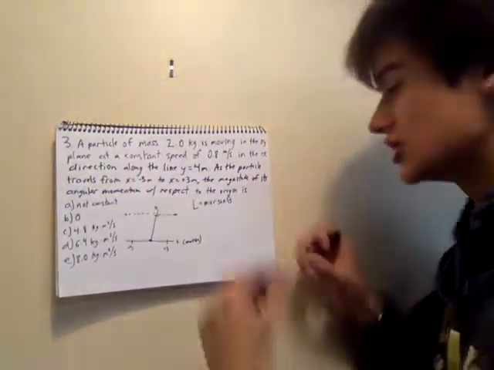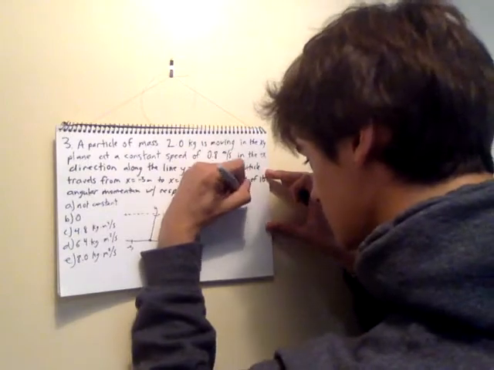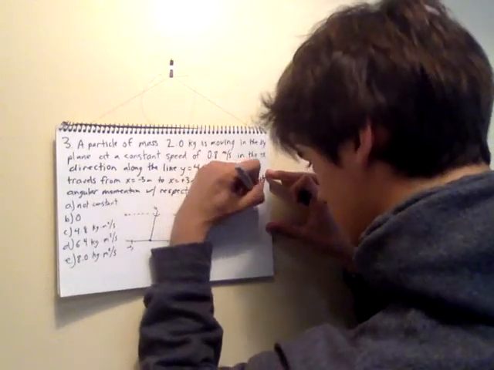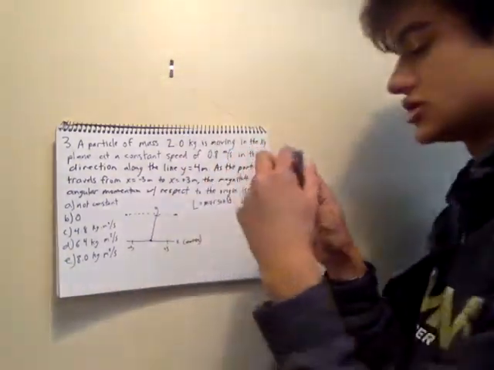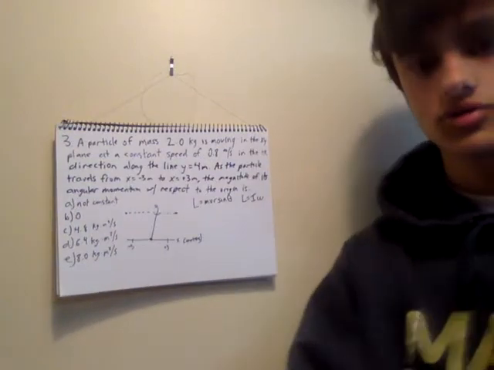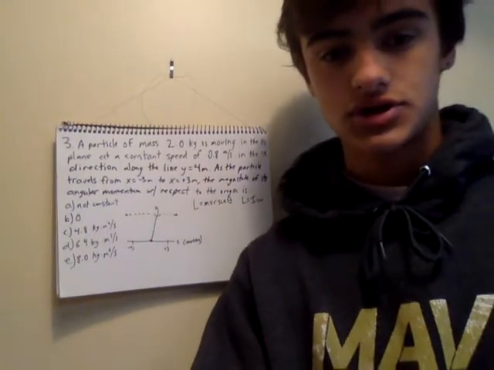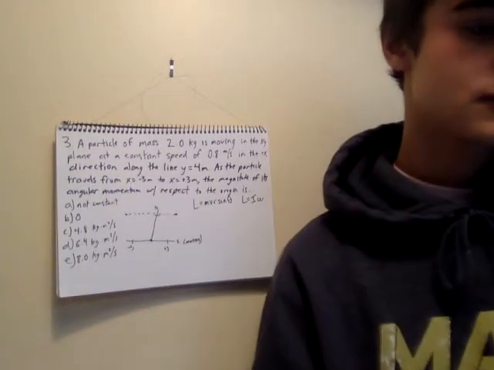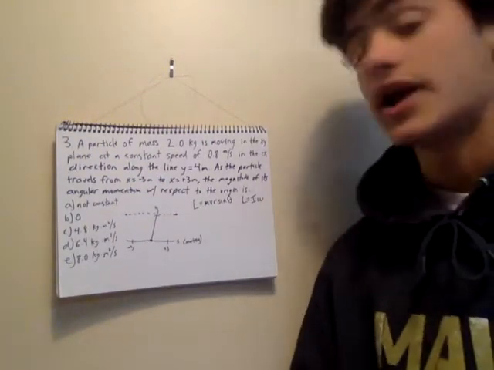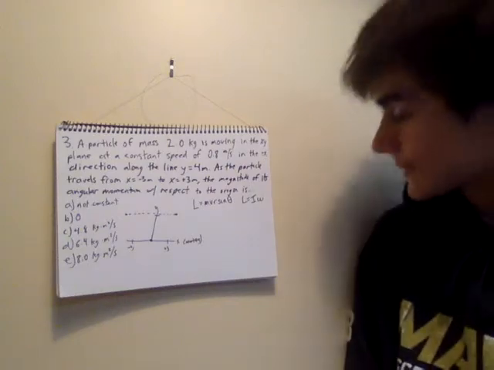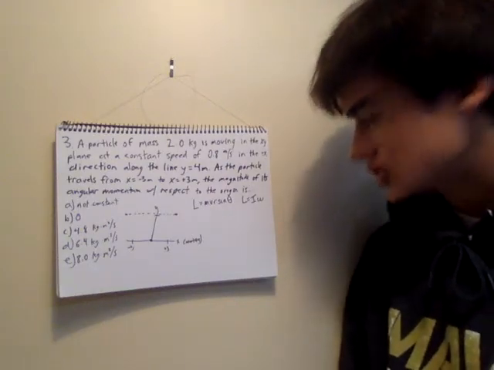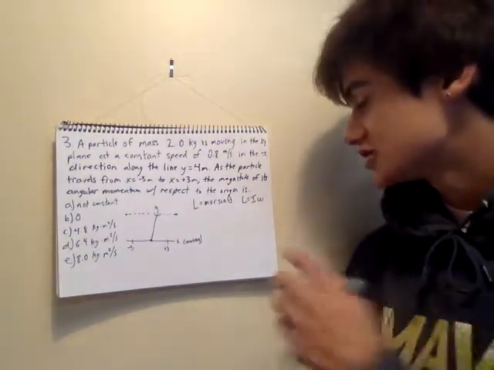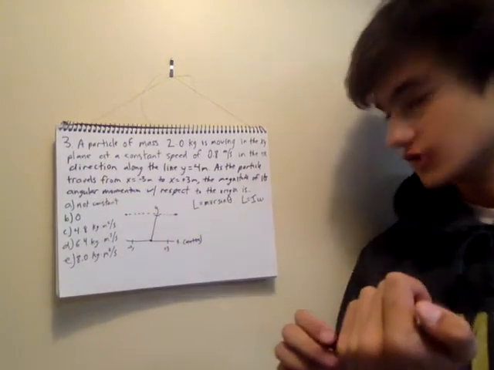That's one equation. Another equation we know is L, angular momentum, is equal to moment of inertia times omega, which is our angular velocity. Just for the sake of this, let's go with this equation.